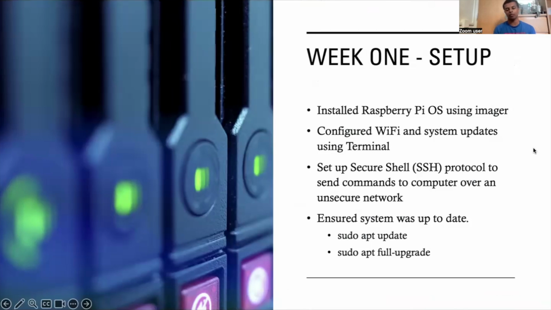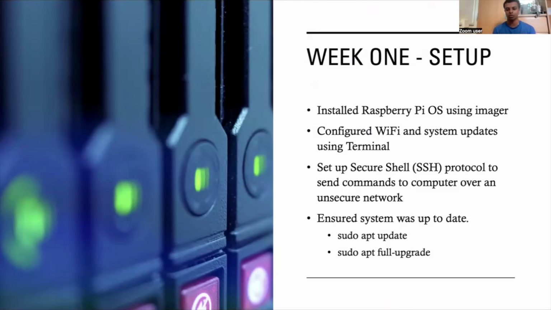Week one of the project was just the start. I first installed the Raspberry Pi OS using the imager, as well as configuring the Wi-Fi and system updates using the terminal. Afterwards, I set up the secure shell, or SSH protocol, to send commands to the computer over an unsecure network. Last but not least, I ensured the system was up to date by running two commands.